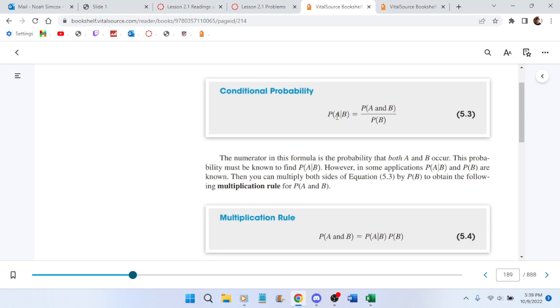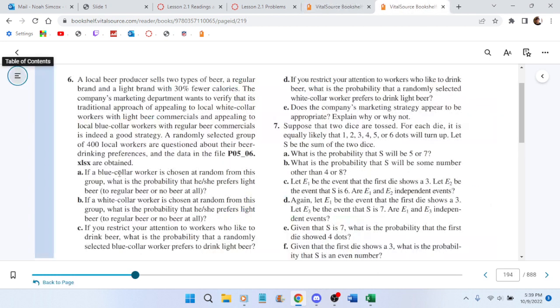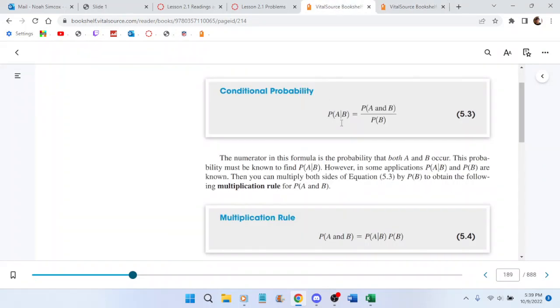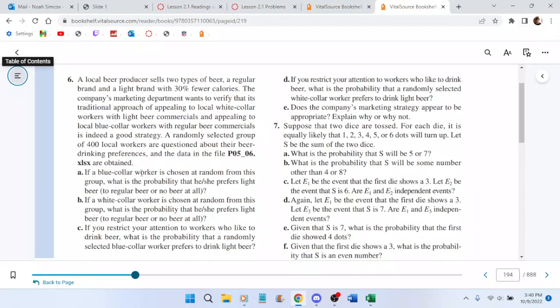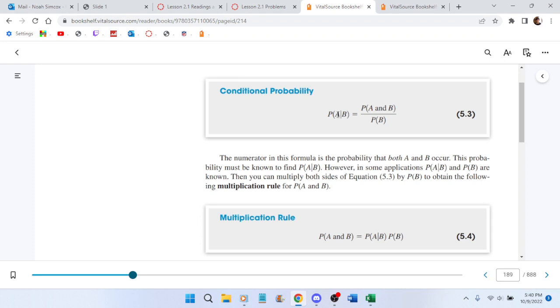What is the probability that you have both selected light beer and a blue collar worker?